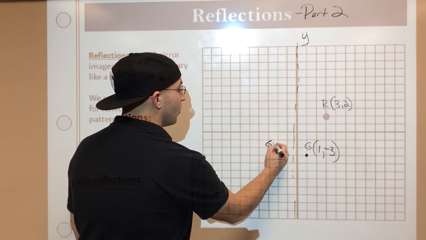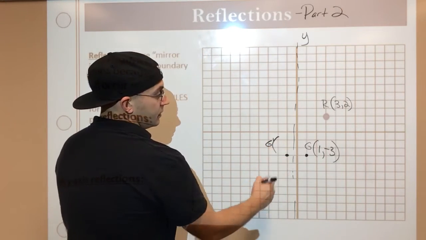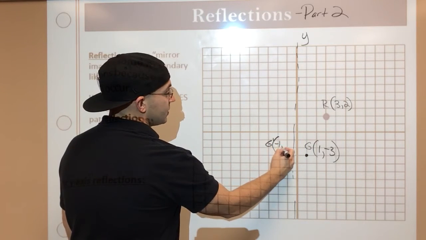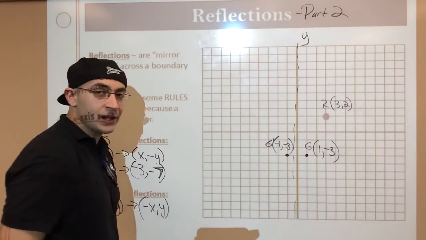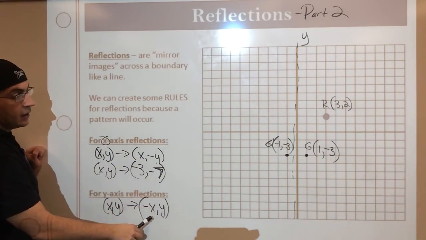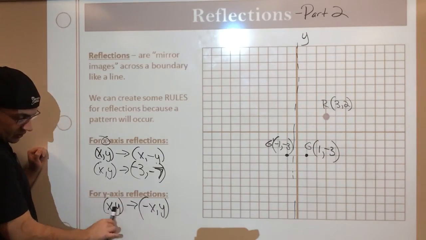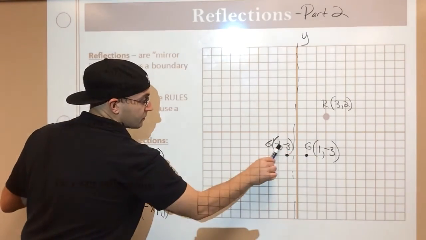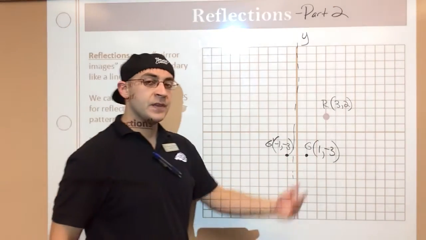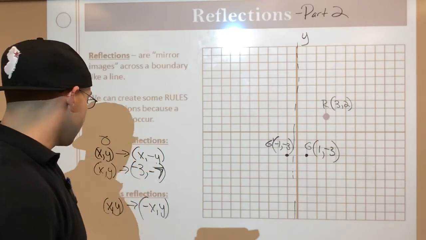So this is going to be a new point called G prime. Now it's not a 1 anymore because I didn't go 1 over to the right. I'm going 1 over to the left, but the y value is going to stay the same. So here, it's true again. All I did to change this was put a negative in front of the 1, the x value, and the y value stayed exactly the same. So we've made some rules, and we've proved them to be true.